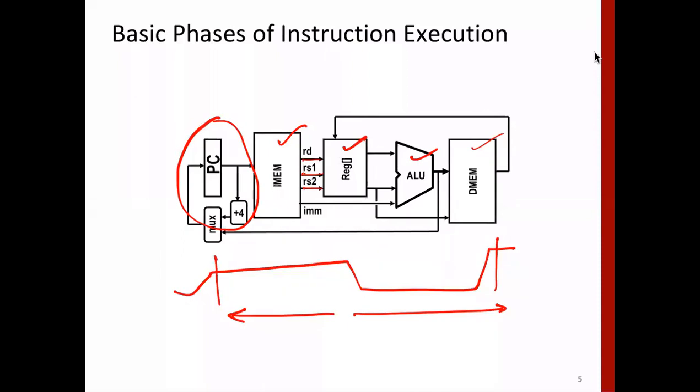Unlike x86 instructions, here everything is fixed. The position of RS1 is fixed, RS2 is fixed, RD is fixed. So we can directly take these contents from memory and send them to ports in the register file. This is why we say that RISC architecture is simple.